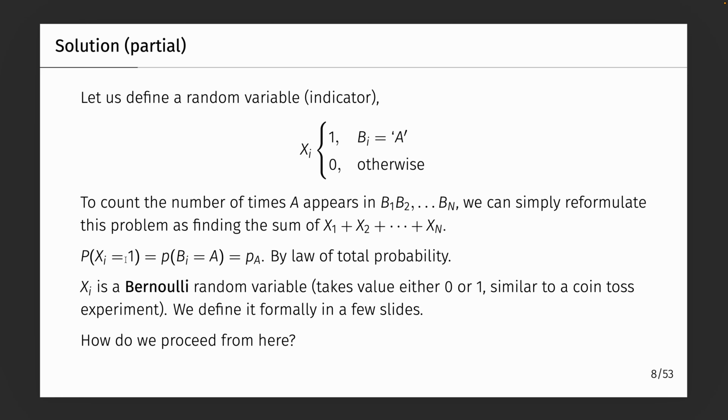I can say that for any position i, if I observe this to be A, I will call my random variable Xi to be 1 and otherwise 0. So here I am defining Xi is 1 if I observe Bi, where i can be any value from 1 to n, to be A, and 0 otherwise.